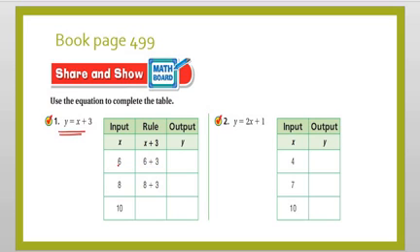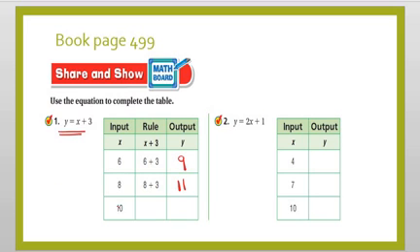So when x equals 6, what is the value of y? We're going to remove x and put what? 6. 6 plus 3 equals what? 9. What about when x equals 8? Remove the letter x and put what? 8. 8 plus 3 equals what? 11.